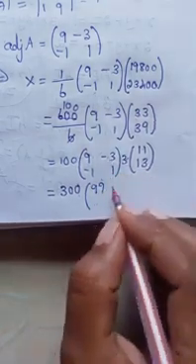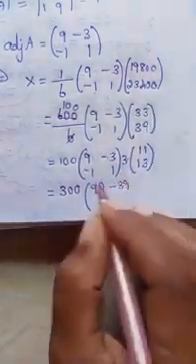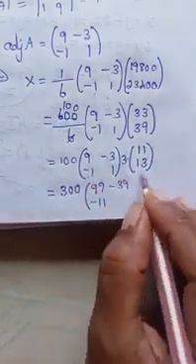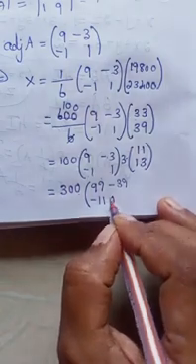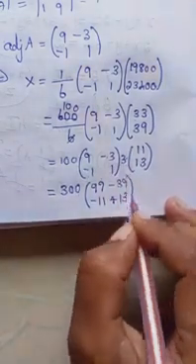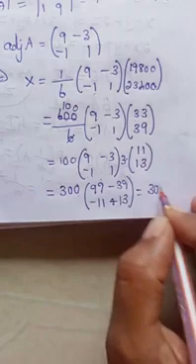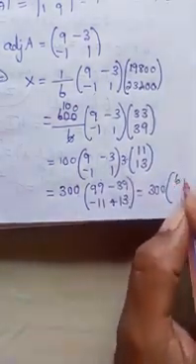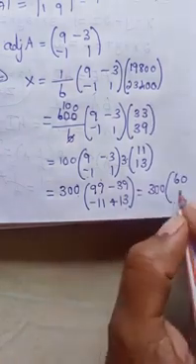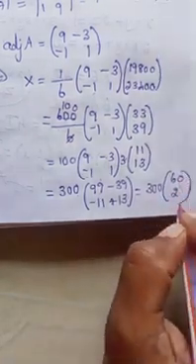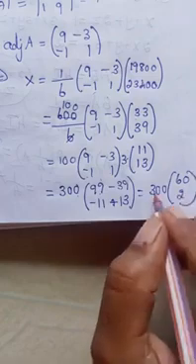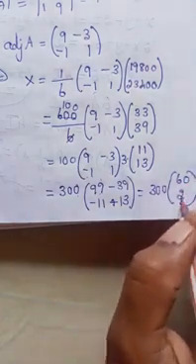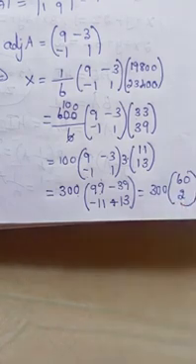Minus 3 into 13, minus 39. Minus 1 into 11, minus 11. Plus 1 into 13 is plus 13. So we get 300 into 99 minus 39, that is 60, and minus 11 plus 13 is 2. Now we can multiply. Okay, it's 600 into 30. Then for the second value, 300 into 2.